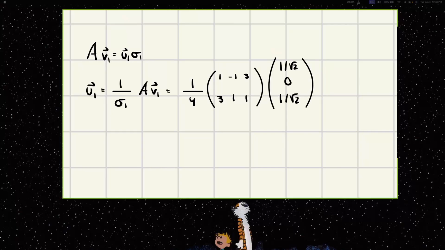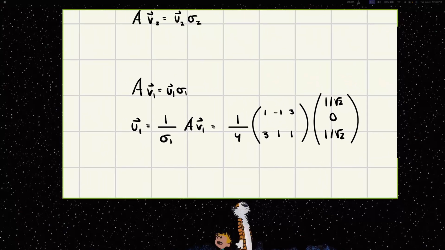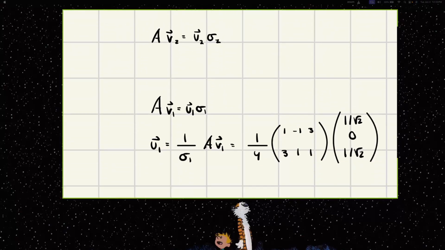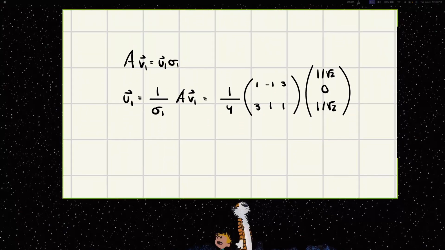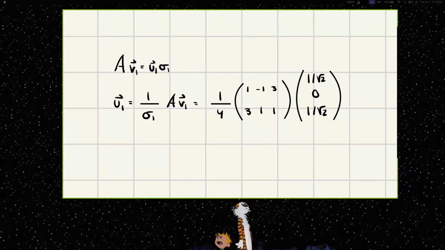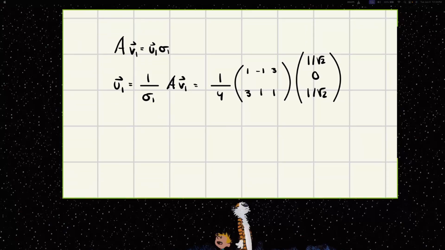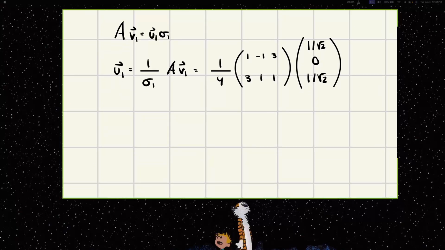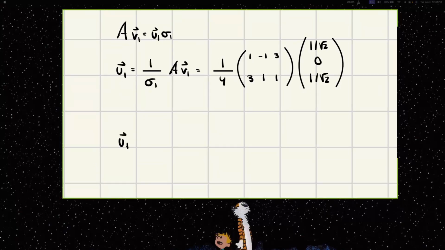And so now we've found an expression for U based on everything we already know. We already know what our singular values are, we calculated those. We know what our original matrix is, and we know these vectors V because we already formed our matrix V by finding the corresponding eigenvalues and eigenvectors for A transpose A. So now it is a matter of doing this matrix multiplication, which I will not do entirely here, but you can double check my work with a calculator.